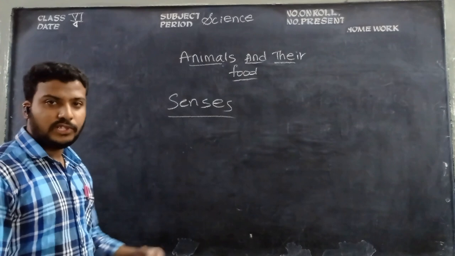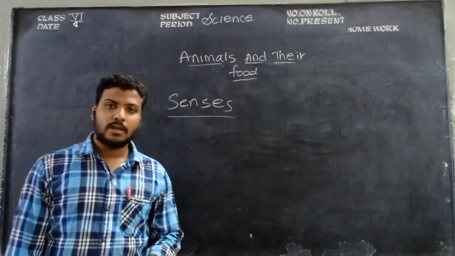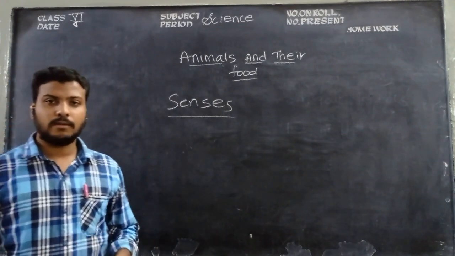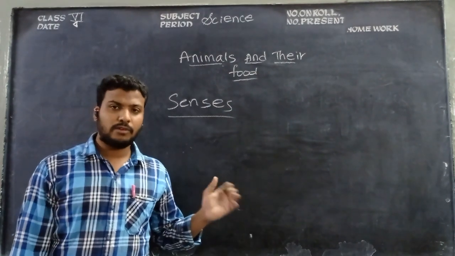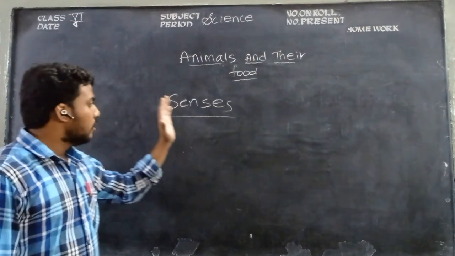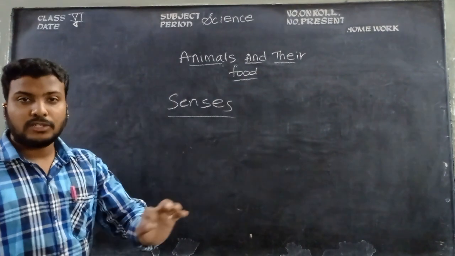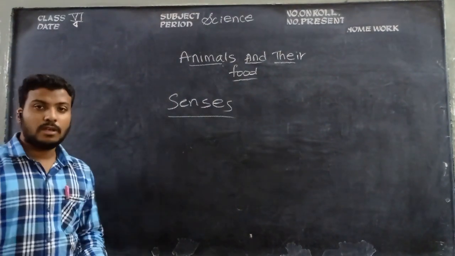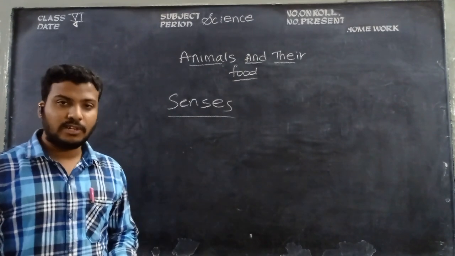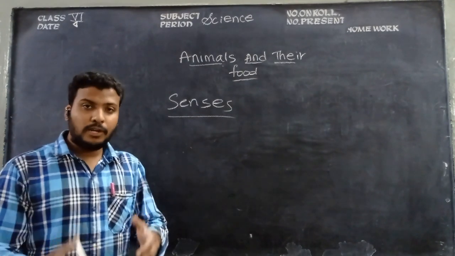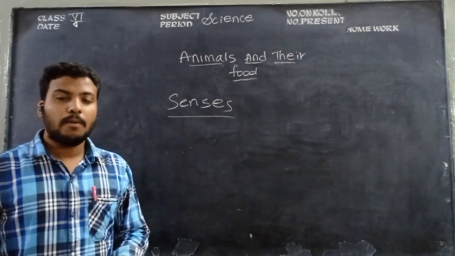We have five sensory organs: ears, eyes, nose, tongue, and skin. These are the five receptors or senses. Like that, animals also have senses. With the help of these senses, they identify other animals. But compared to us, they have more ability.